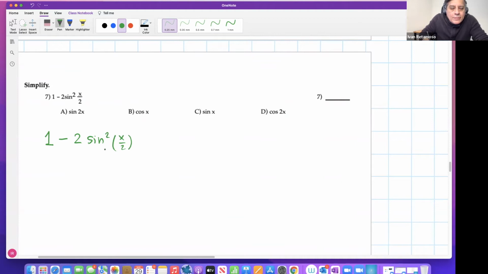Notice the expression contains the sine of half of an angle. So we gotta recall that sine of alpha over 2 is equal to plus minus the square root of (1 minus cosine of alpha) over 2.